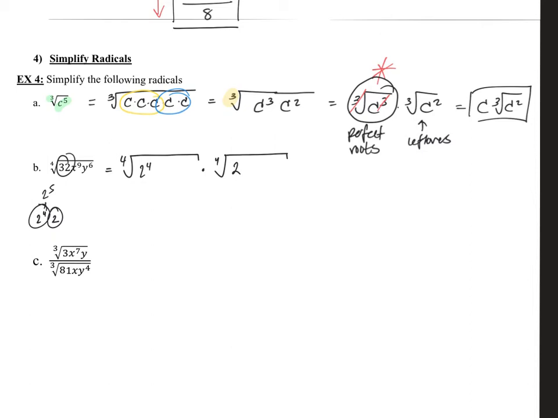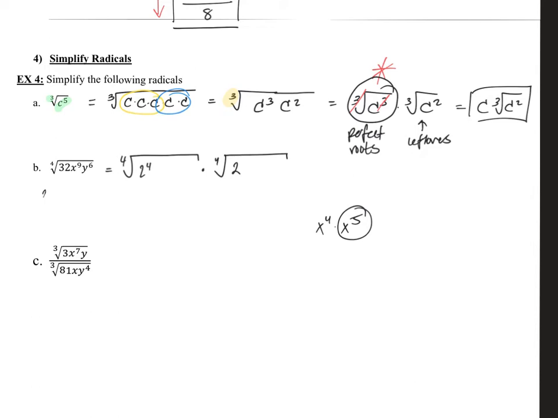Let's take a look at the 9. We could go ahead and rewrite it as x to the 4th times x to the 5th. But notice that in x to the 5th we still have an extra x to the 4th power.